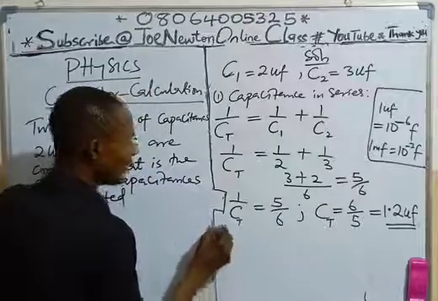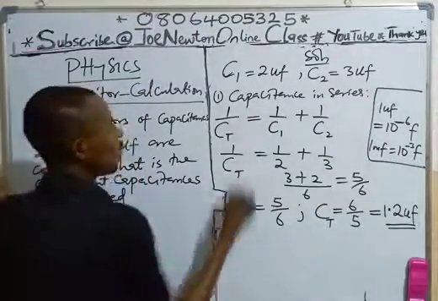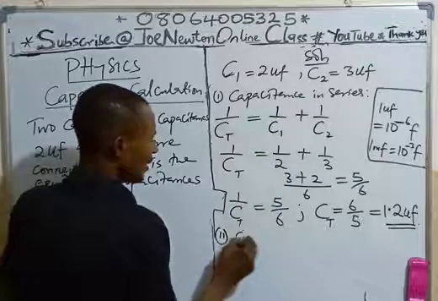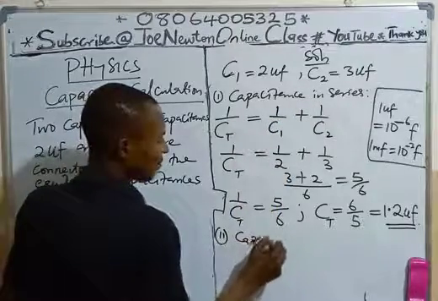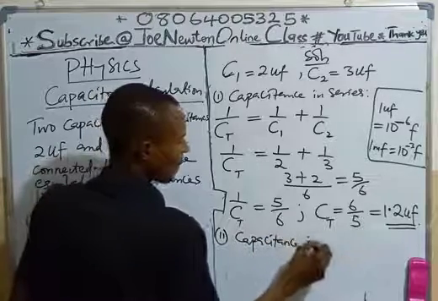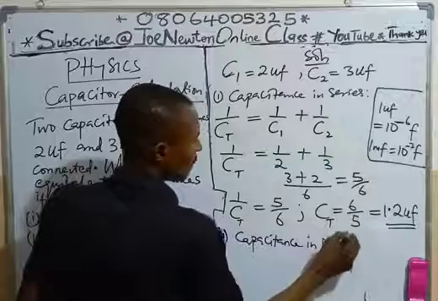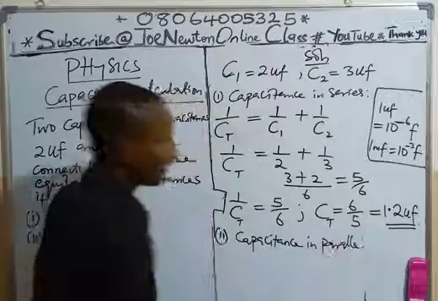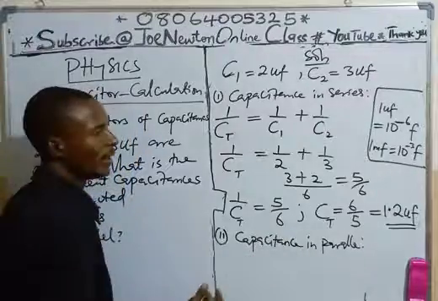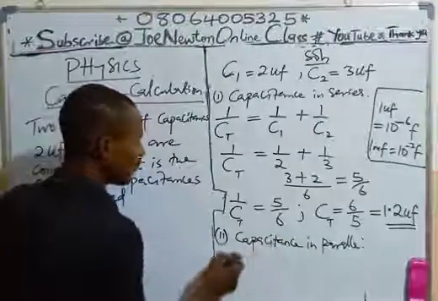Then II, very simple. The equivalent capacitance in what? Parallel. Capacitance in parallel. If the capacitors are connected in parallel, the capacitance in parallel connection will be simple.